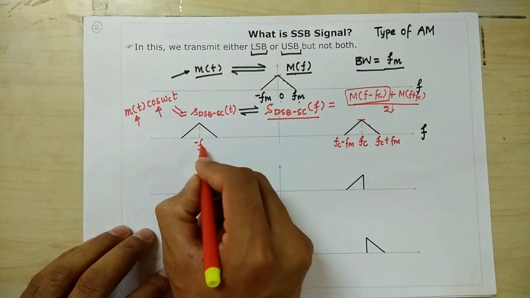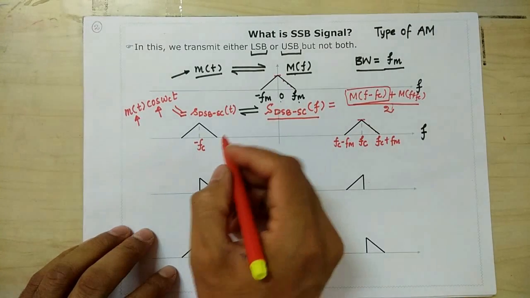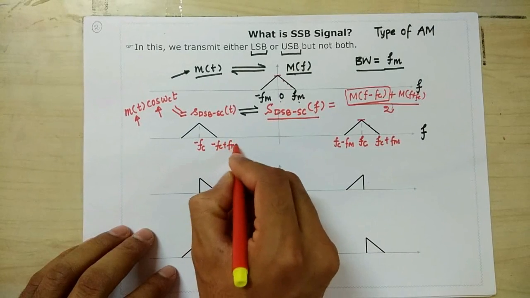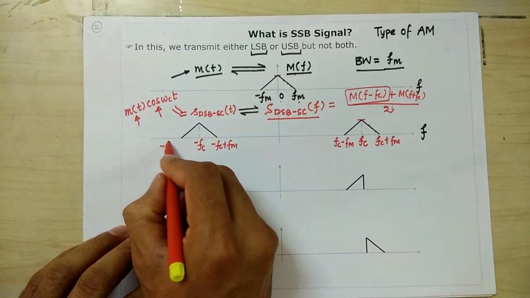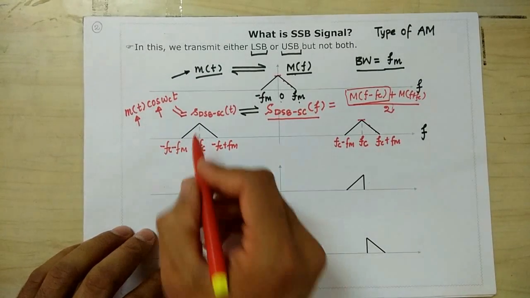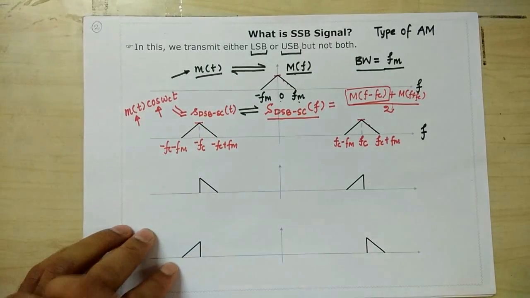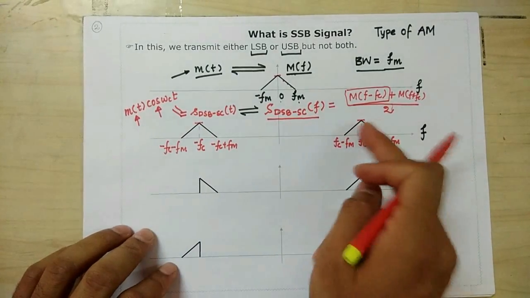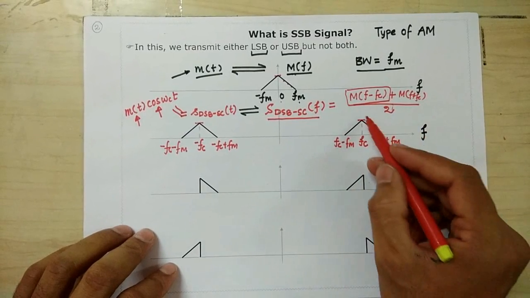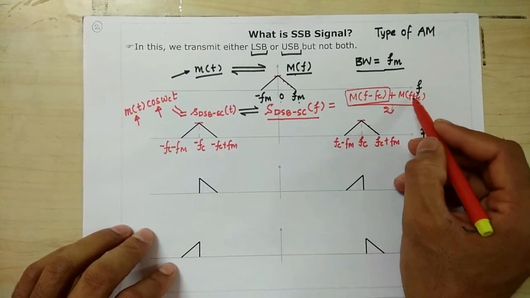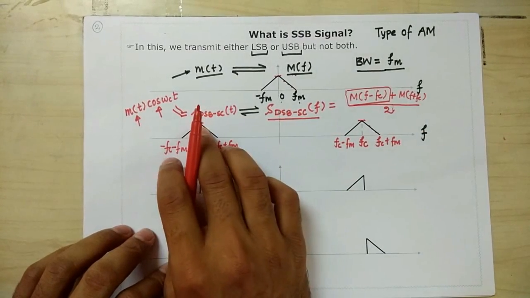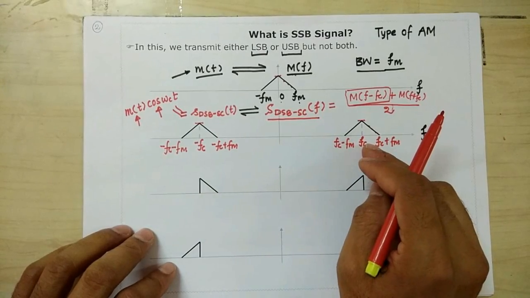So 0 will be shifted to −fc, fm will be shifted to −fc + fm, and minus fm shifted to −fc − fm, and the amplitude is going to be half as in the previous spectrum. So this is M(f + fc)/2, and this is M(f − fc)/2.